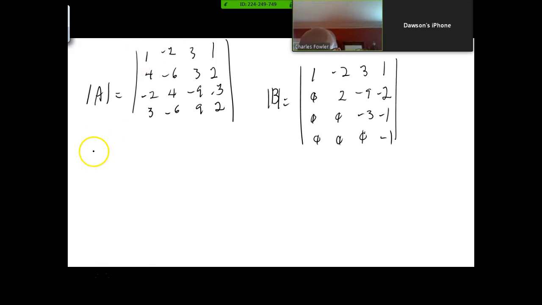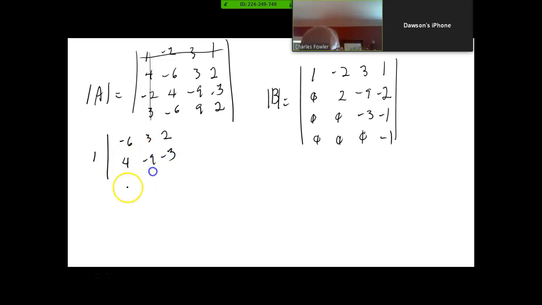Positive. So that's just going to be 1 times the determinant of what's left over when you wipe these out. And that would be -6, 3, 2, 4, -9, -3, -6, 9, 2.